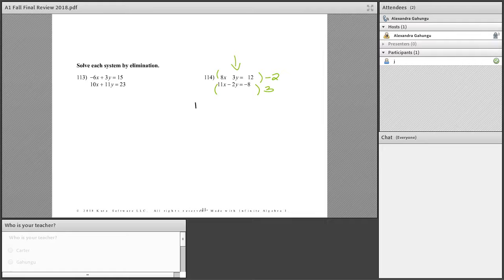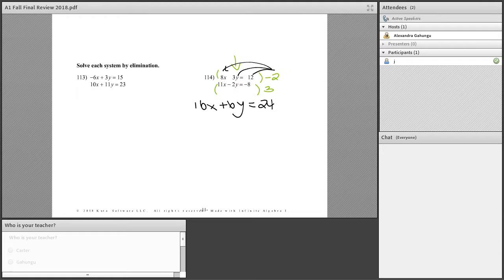So I'll get positive 16. So everything gets multiplied, like all of them. So I get positive 16x, then positive 6y, and positive 24.